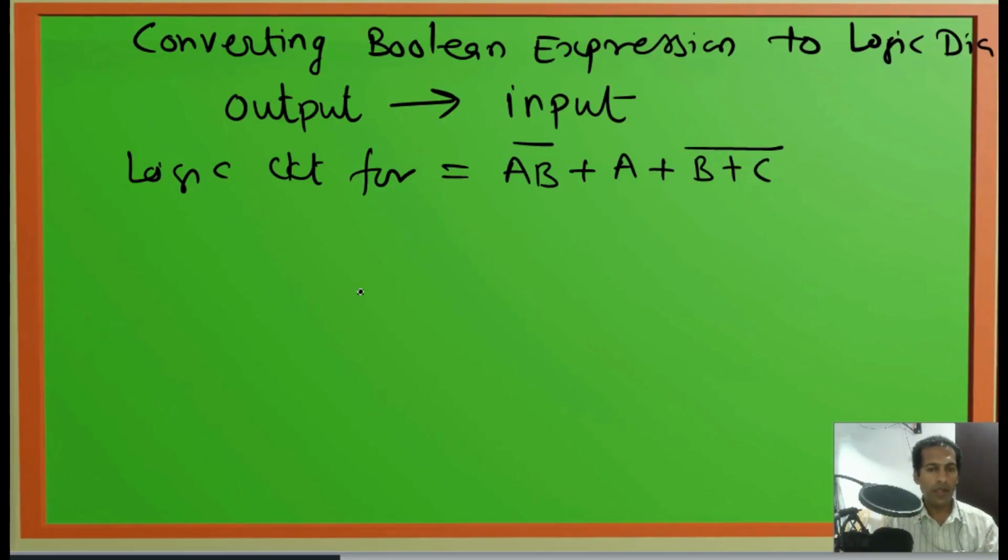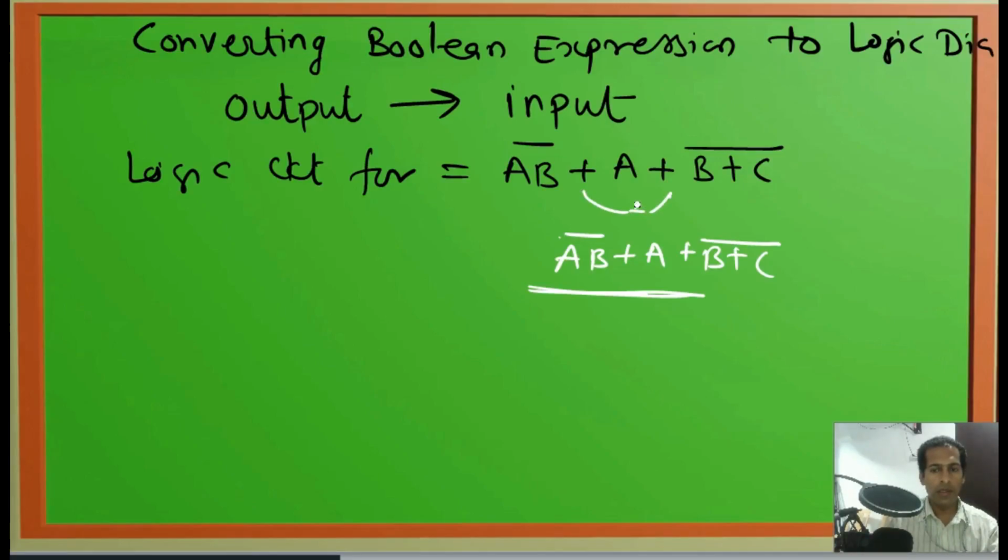Let us begin with the output. Say this is my output. The output should be AB bar plus A plus B plus C whole bar. At the output all of them are getting added, and added means here I require 1 OR gate.